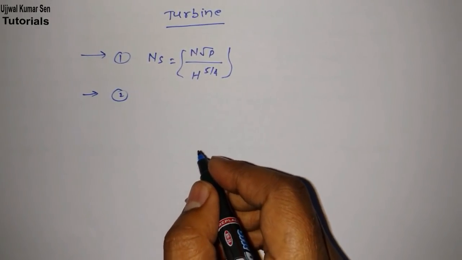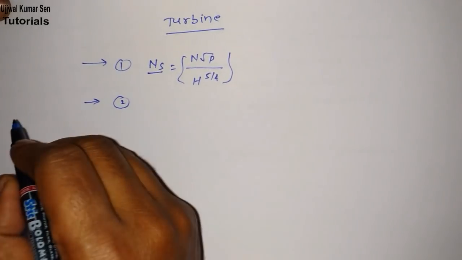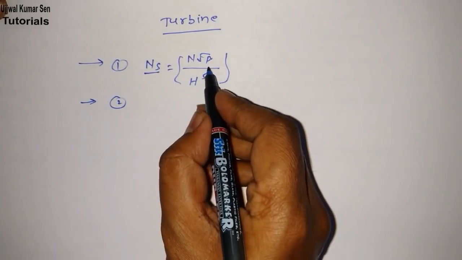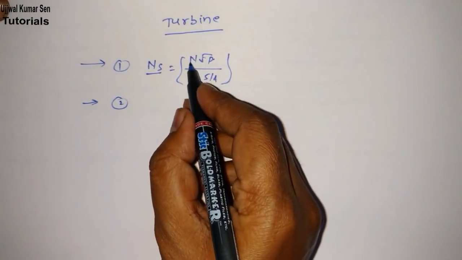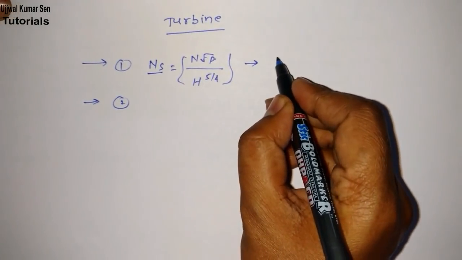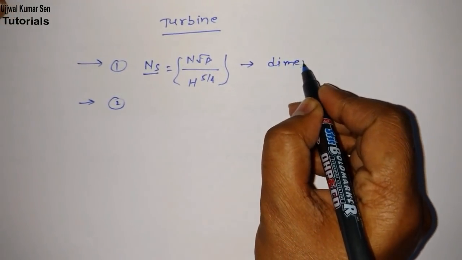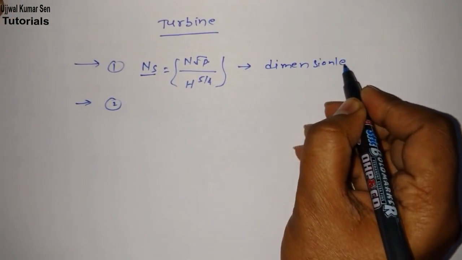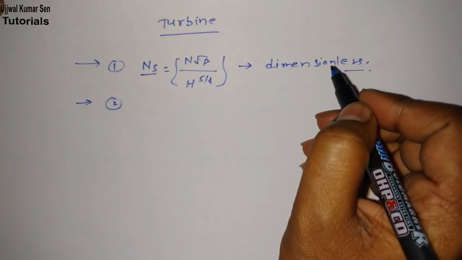But here Ns is specific speed, N root P over H to the power 5 by 4, where P is power, H is head, and N is revolutions per minute. Specific speed has no dimension. It is dimensionless, remember that.